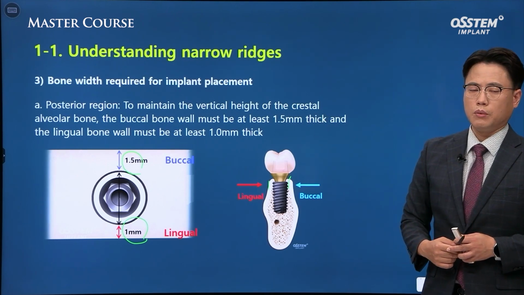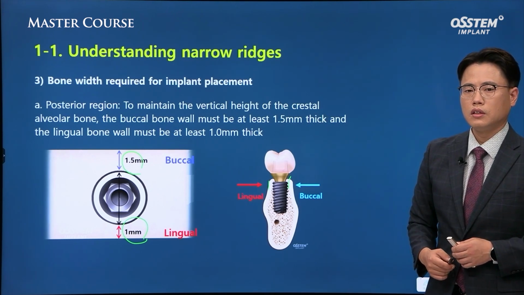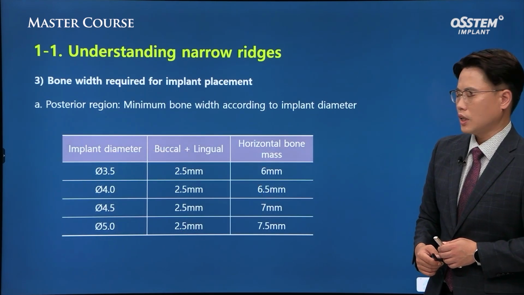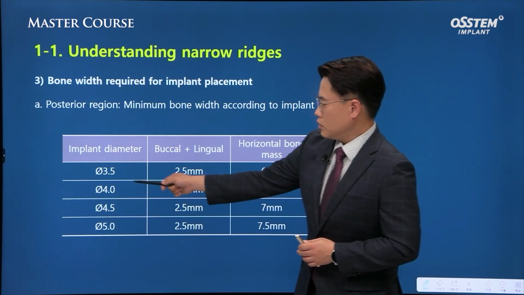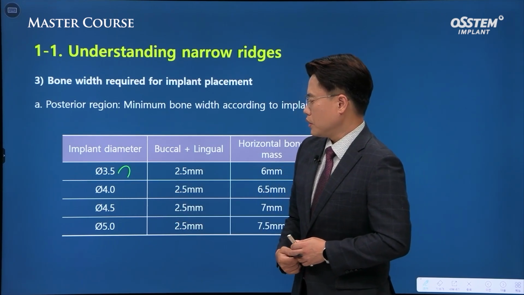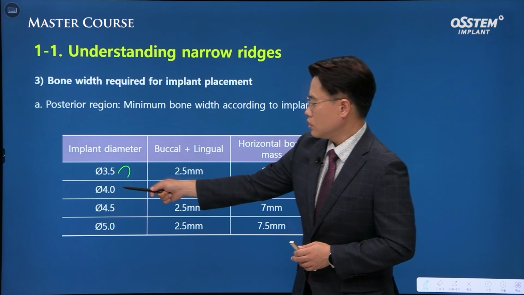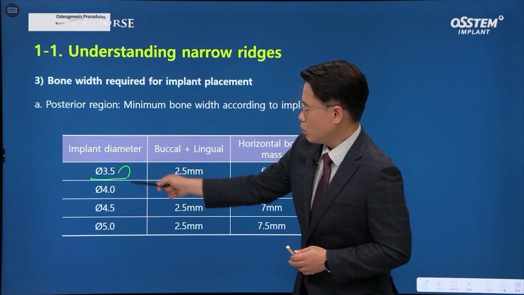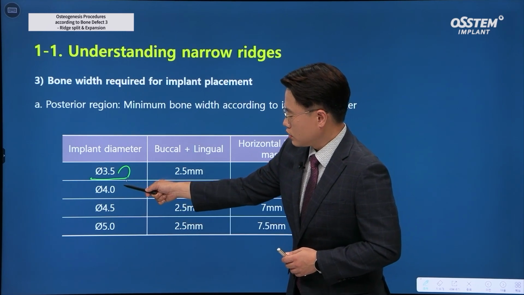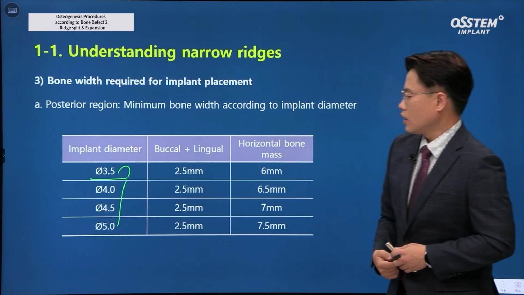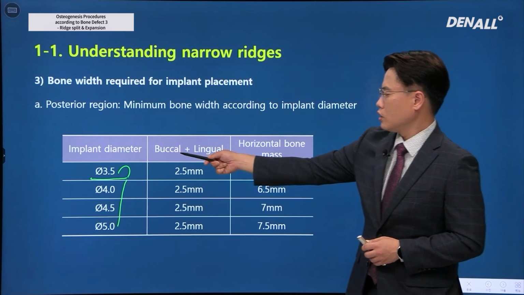Depending on the implant to be placed in the posterior region, the definition of narrow ridge can differ. In the table, there's 3.5 to 5.0 diameter implants. But in posterior region, we cannot place 3.5 millimeter implant. Let's look at 4.5 and 5.0 diameter implants.